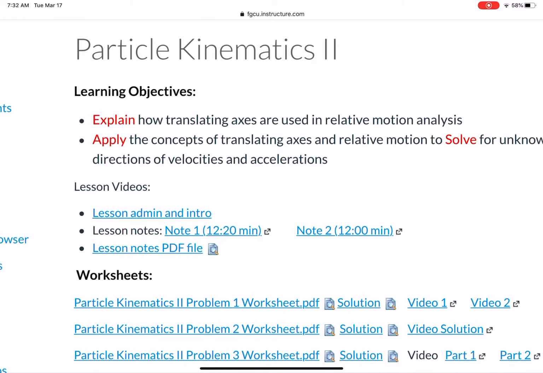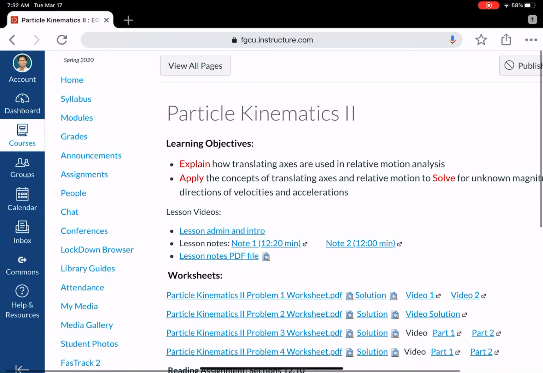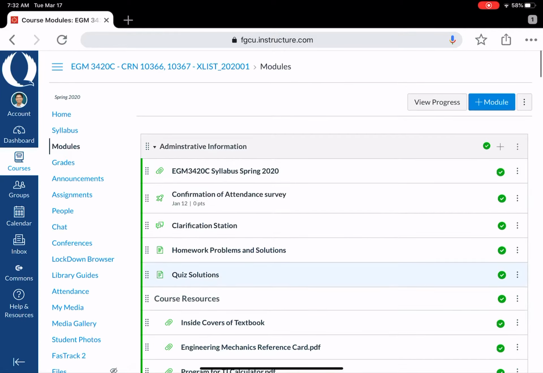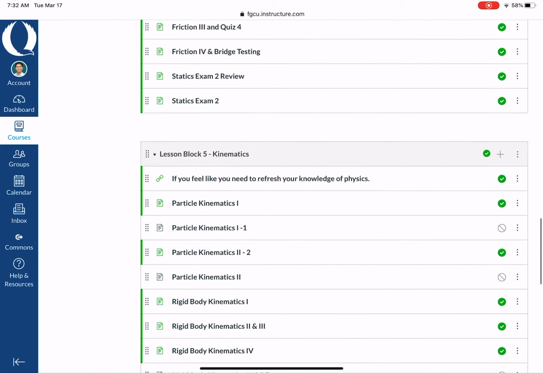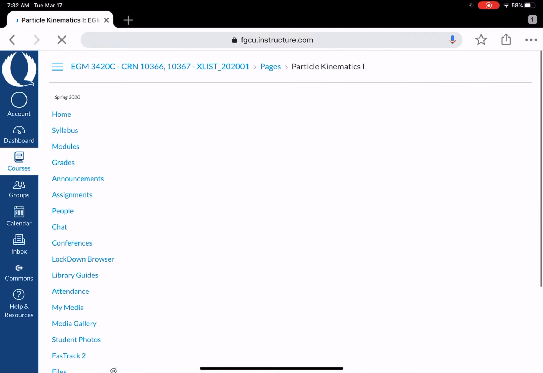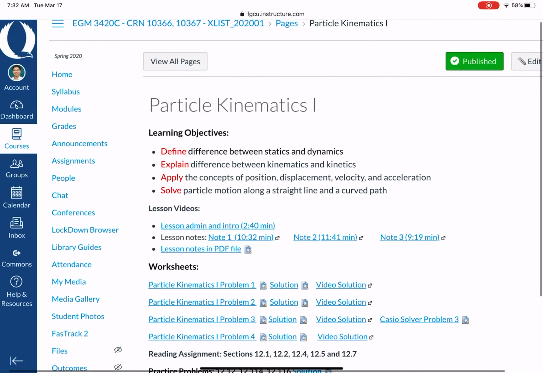And by the way, if you go back to practical kinematics 1, I also have that available in there. So you may need to keep that for your record. That is the change we have for the lesson note.